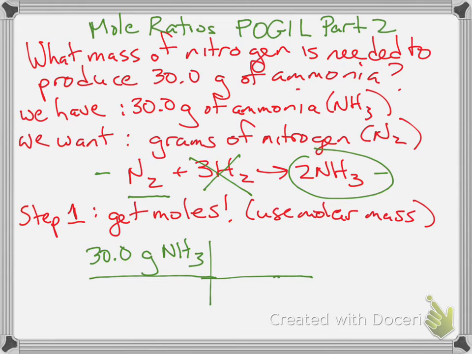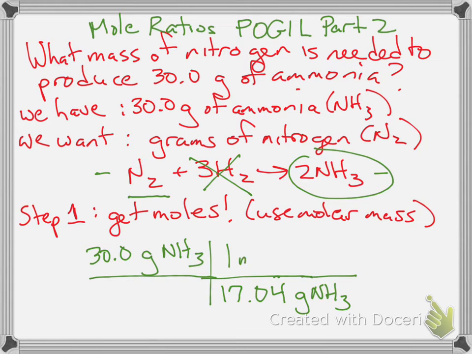From several assignments we've done so far, including the check-in we had last week and part 1 of this POGIL, we know that the molar mass of ammonia is 17.04 grams. That would be 14.01 for nitrogen plus 3 times 1.01 for hydrogen. Add them all up and you get 17.04.